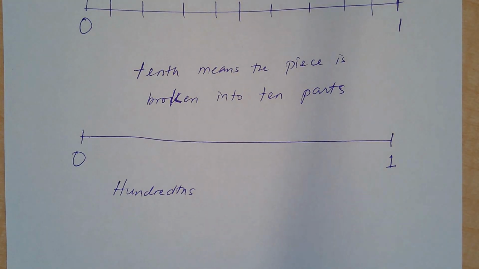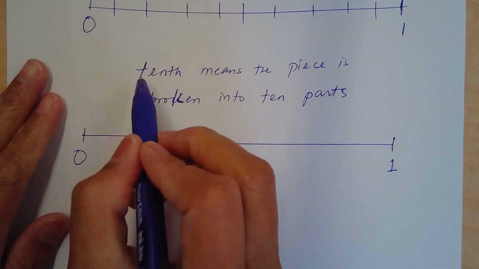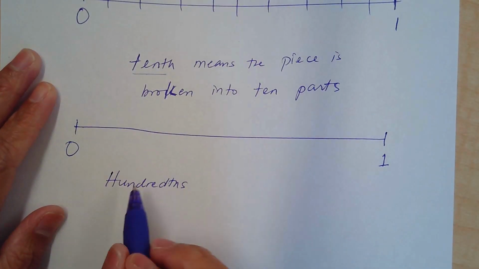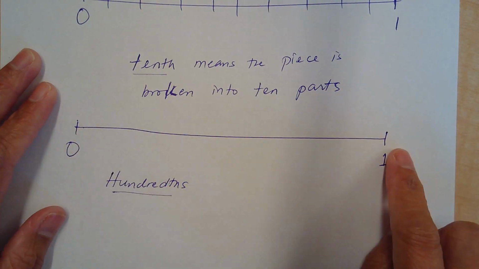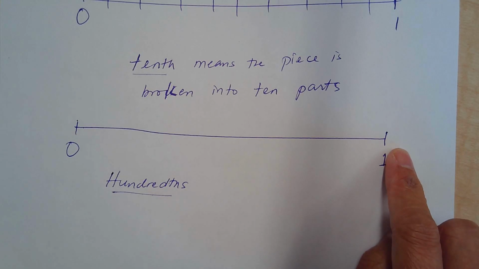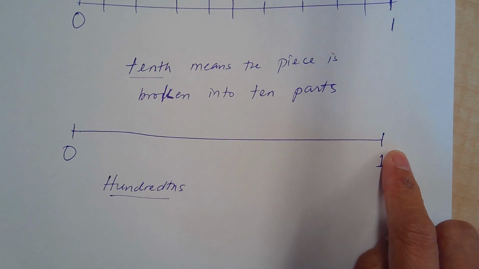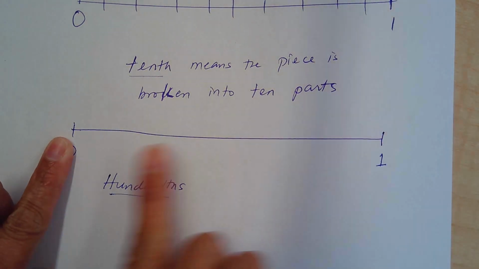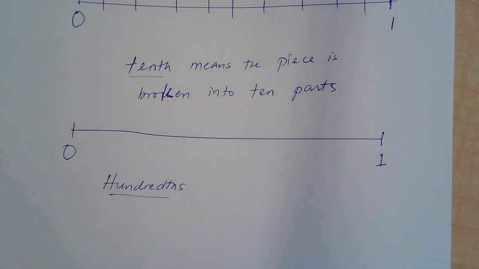This is tenth. The tenth has 10 equal parts. If we have hundredths, how many equal parts would there be? 10 times 10, which is 100. So when you see hundredth, that means this piece of a ruler from 0 to 1 got cut or broken into 100 tiny pieces.